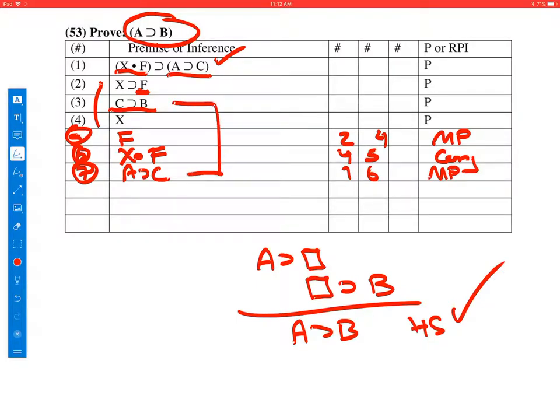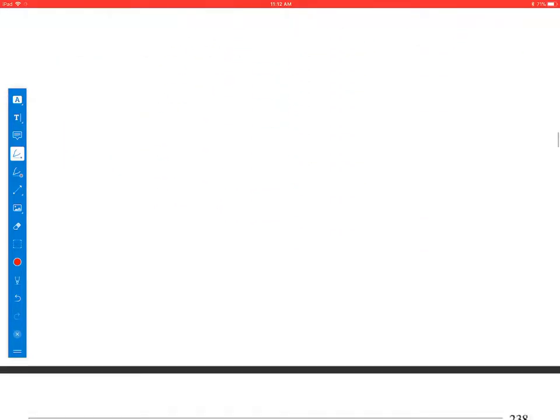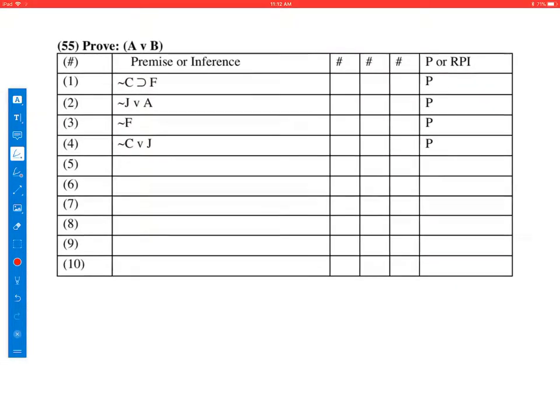And I got the A then C because look at line 3. Those are the two pieces I need. Those are those pieces to put them together by hypothetical syllogism to get A then B. That's 3 and 7 HS. All right, and we're done. Time for another problem, I believe.